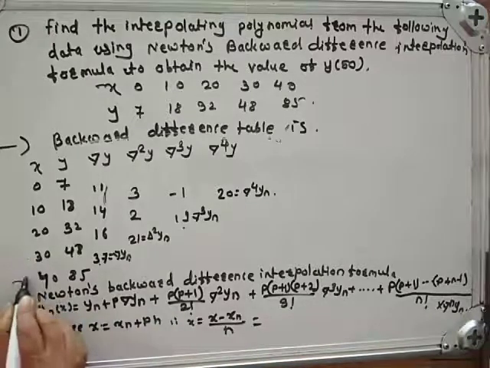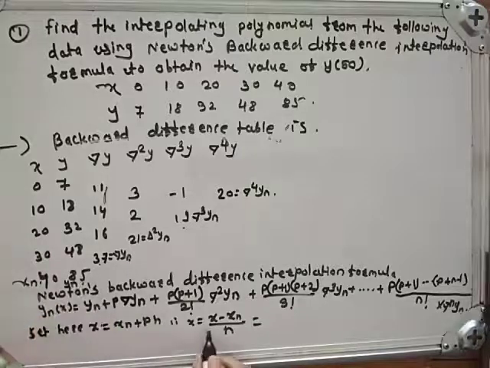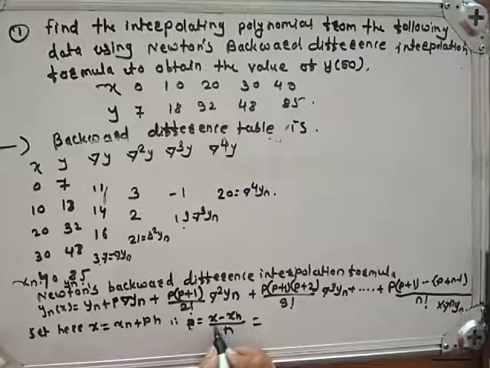This is xn and this is yn. Sorry, here p is equals to x minus xn upon h.